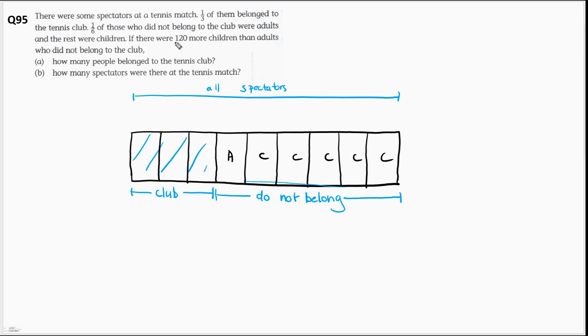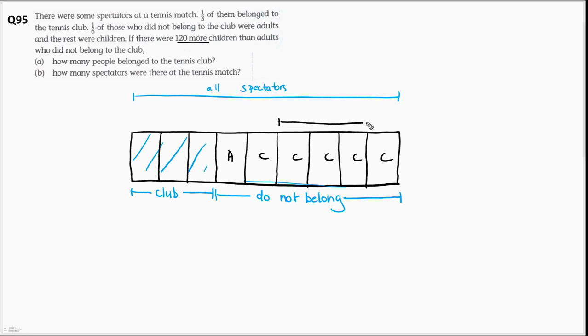Now it says if there were 120 more children than adults who did not belong to the club, then we've got these questions. Now this is where you might decide whether you want to draw another little model underneath. I can see that there's one part adults, and if there was one part children, then there would be the same number of adults as children. This is the bit I can see that's more.